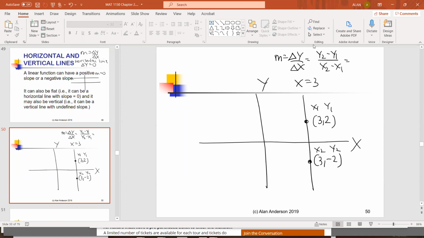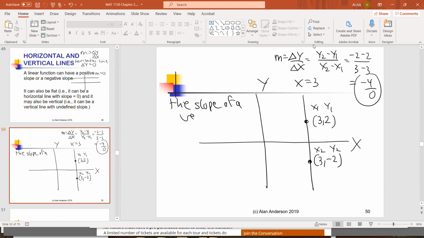What happens when I subtract y2 from y1? Not a problem, but look at this. Oh no, I have division by 0. So what we'll do here is say that the slope of a vertical line is undefined. Okay, undefined, because it would lead to division by 0.